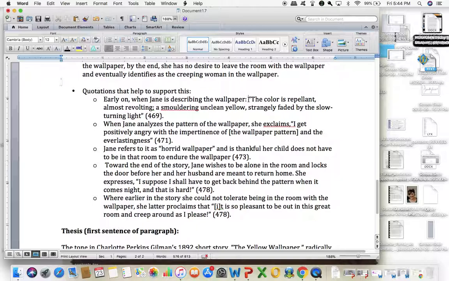And you notice I give signposts for all of these quotations. So I give context for all of the quotations. So none of them, even written in bullet points, are orphan quotations.